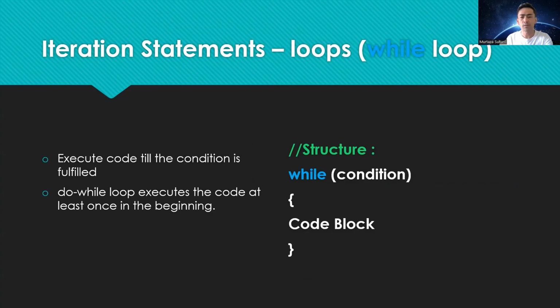In iteration statements, we may have while loop statements and for loop statements. In a while loop, the code will execute until the condition is fulfilled. For example, if we say while a is smaller than 100, then the code, for example, will calculate the square root of the number.